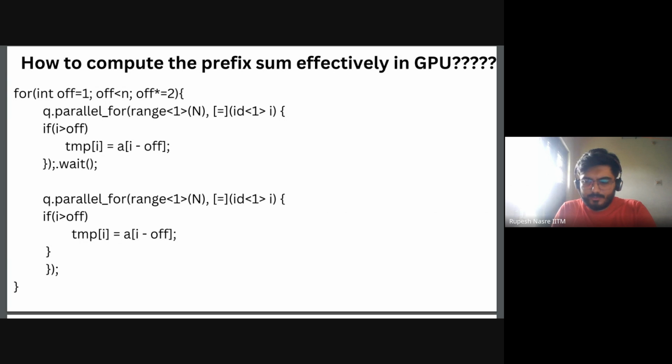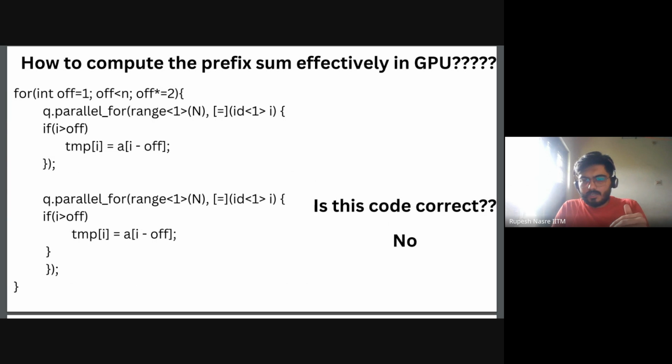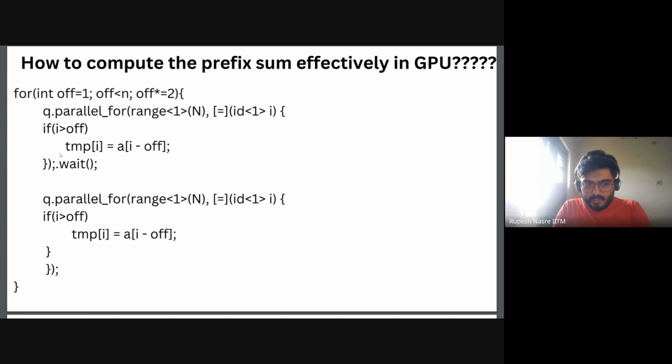We have to add dot wait here, and also dot wait here, because we need to stop after read and write. Otherwise the write and read dependency will occur, right? If you are not adding dot wait here, then it will not wait, and we also have to add dot wait here. So read after write there is a barrier, and then write after read also there is a barrier sort of thing.